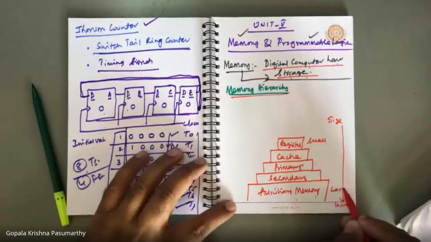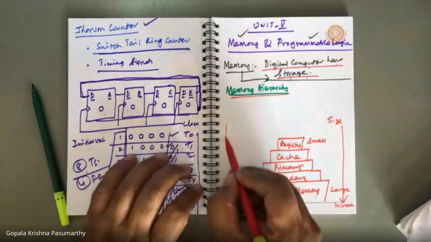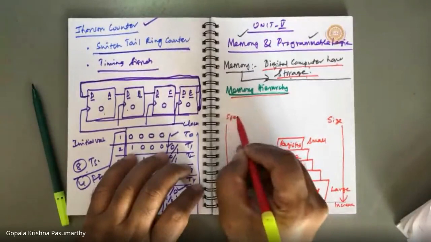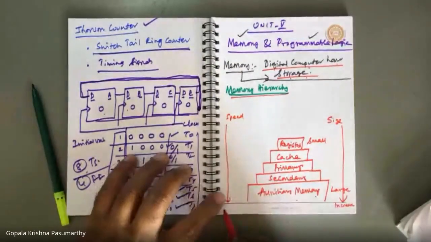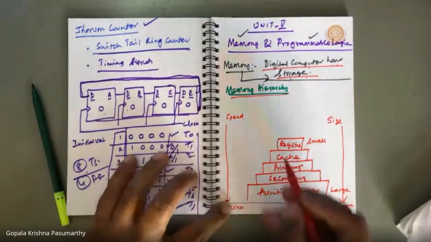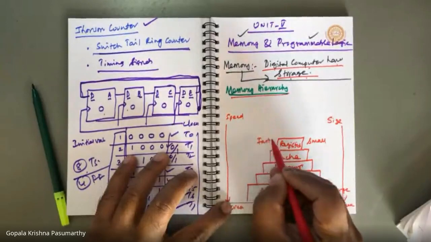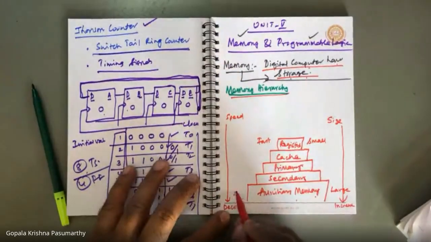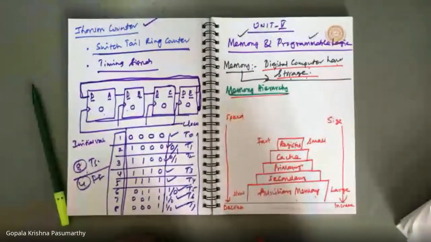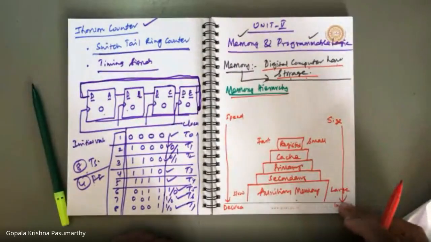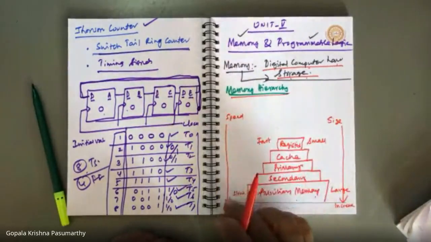Auxiliary memory are the largest devices. In the same way, if you look into speed, from top to bottom, speed decreases. Means registers are the fastest memory devices. Auxiliary memory is the slowest memory device. Got my point? So size from top to bottom increases. Speed from top to bottom decreases.